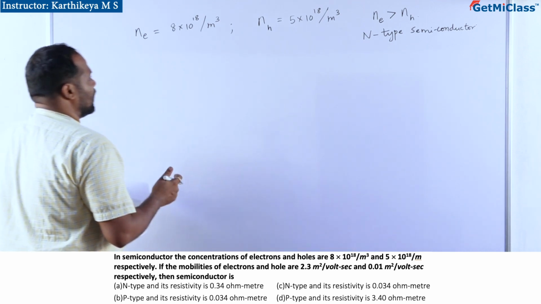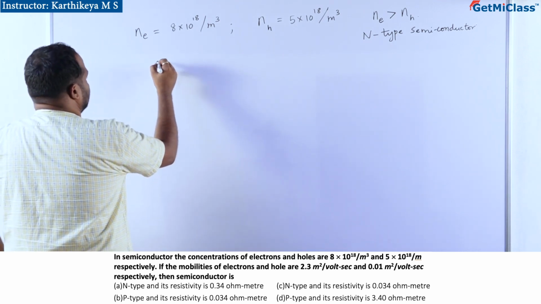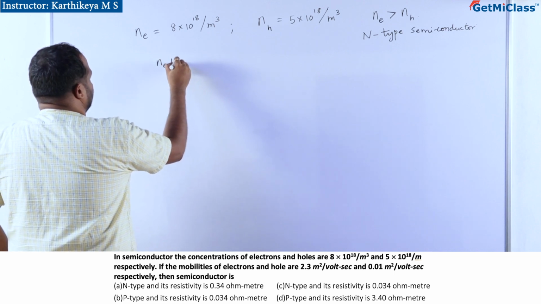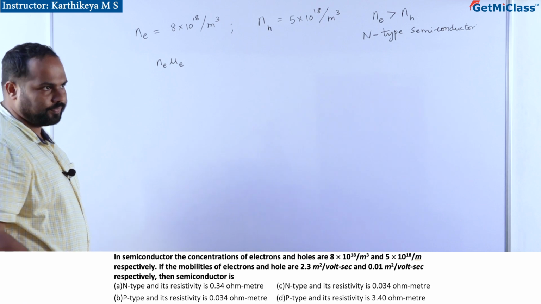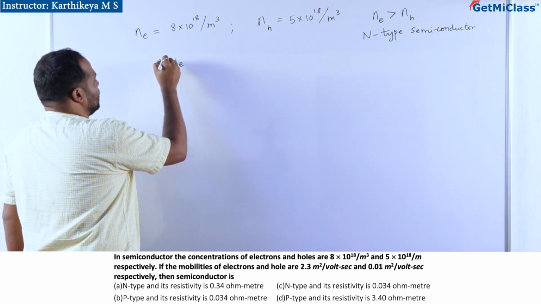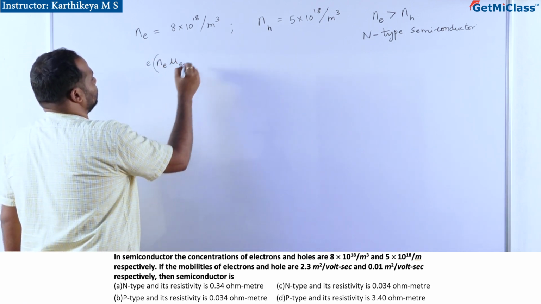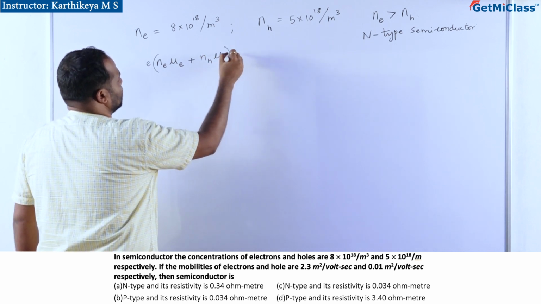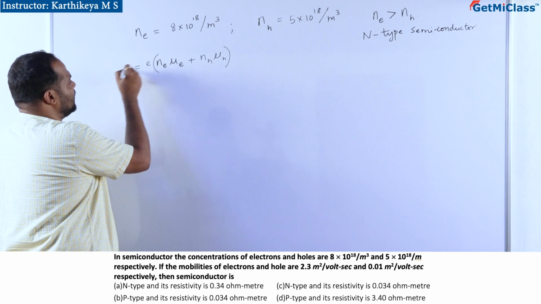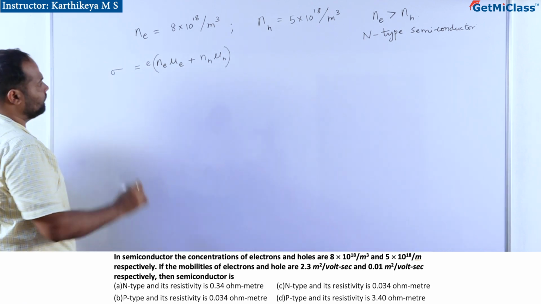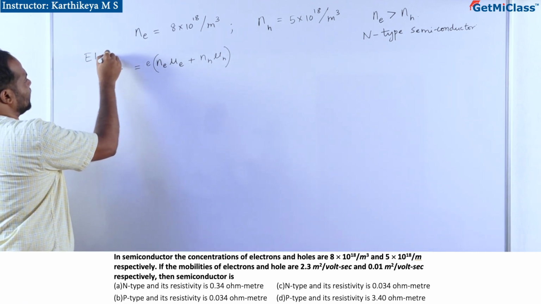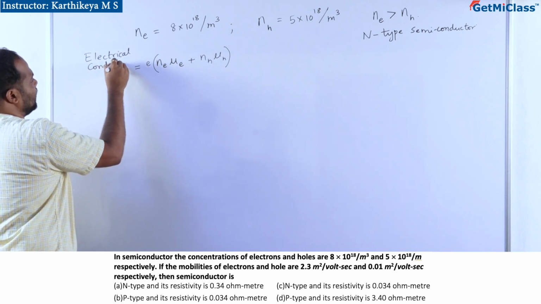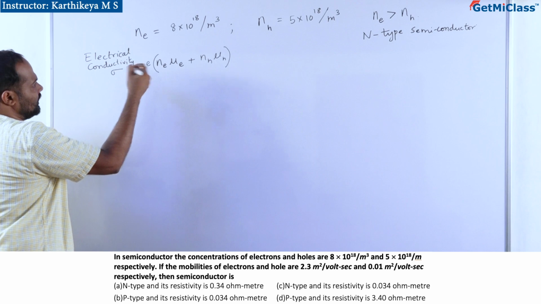Now see here, number of electrons into mobility of electrons into electronic charge, plus number of holes into mobility of holes into electronic charge, will give electrical conductivity. I hope all these things are clear. Electrical conductivity is measured by how mobile the electron is.